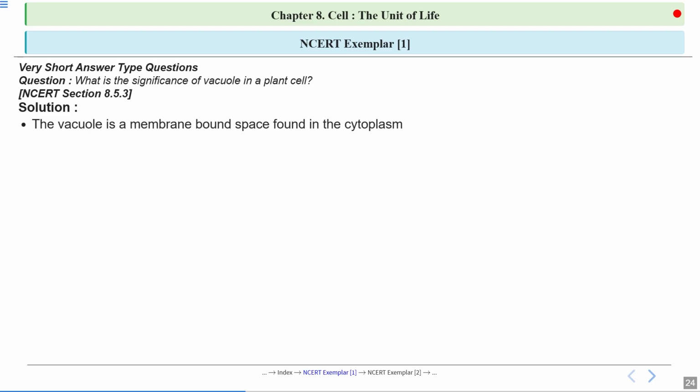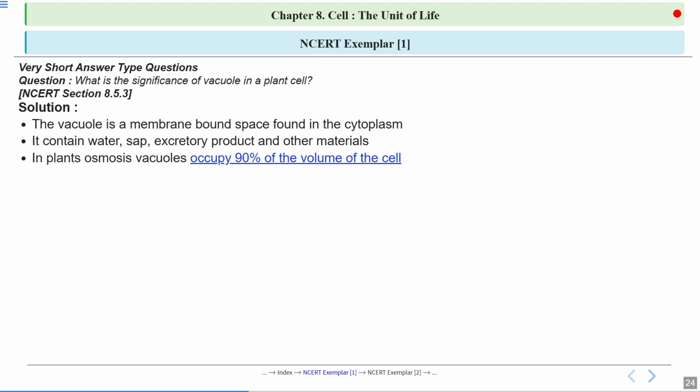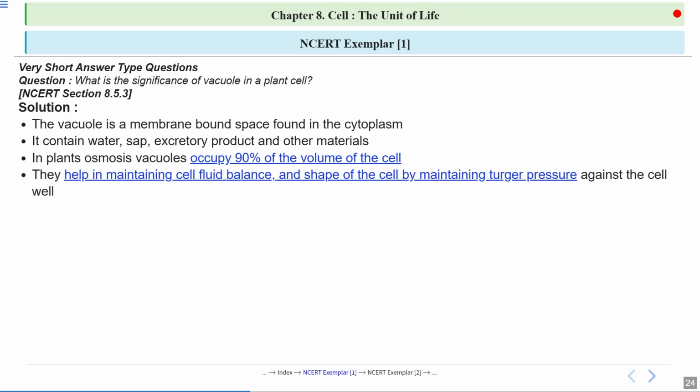See, vacuoles are membrane bound spaces found in the cytoplasm. What do vacuoles contain? They contain water, sap, and they store excretory products and other materials as well. In plants, vacuoles occupy around 90% of the volume of the cell. These vacuoles in the plant cell help in maintaining cell fluid balance.